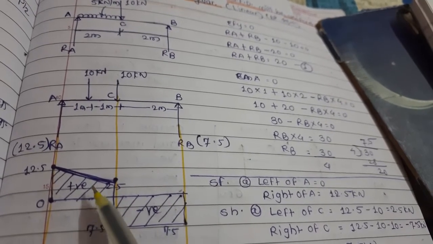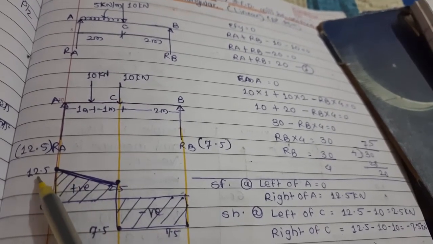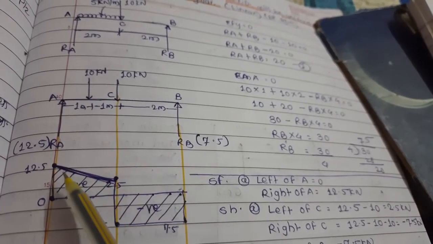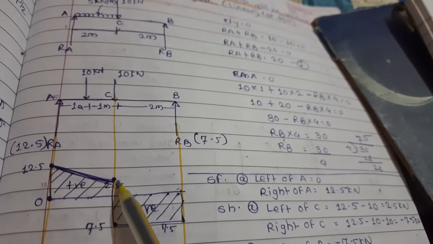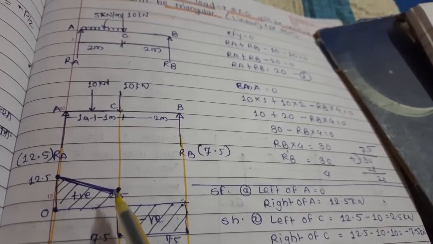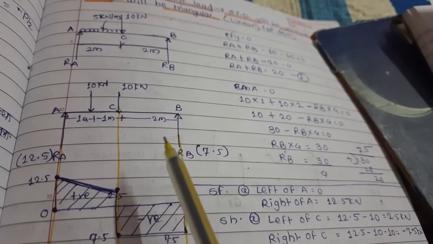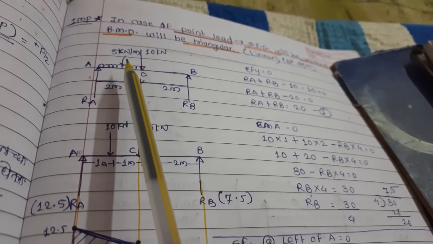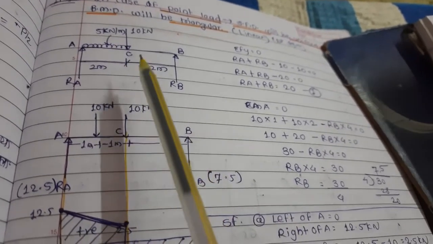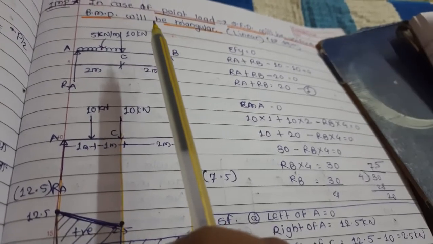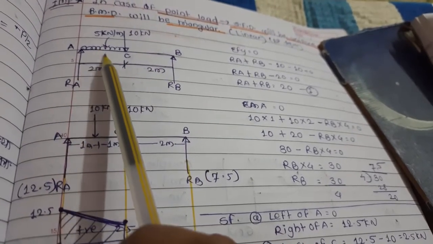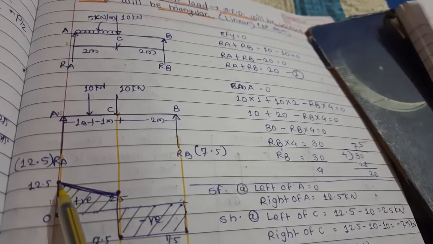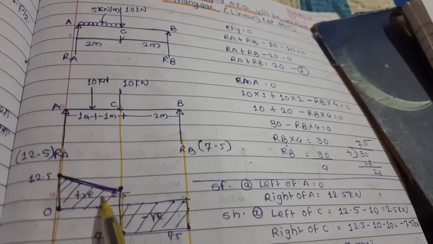Actually, the values are the same as this 12.5 and this 2.5. Obviously, we have to join these by an inclined line. In MCQs, when we are given only this diagram and asked to find the SFD, we have to know that if a UDL is given, then we join these two points by an inclined line.